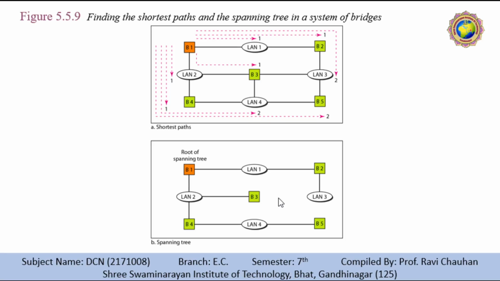So over here we just derive a spanning tree. You can see that to reach B3 we go in this direction. To reach LAN 3 we have ports 1 and 2 over here. To reach B5 we have this direction.